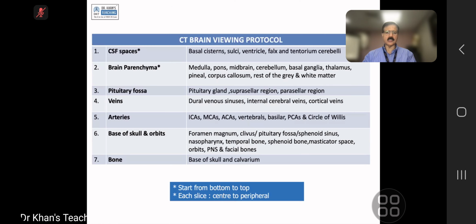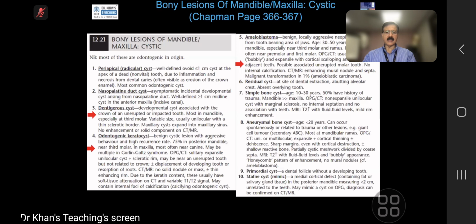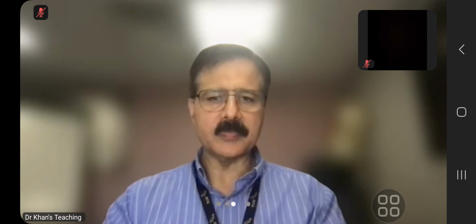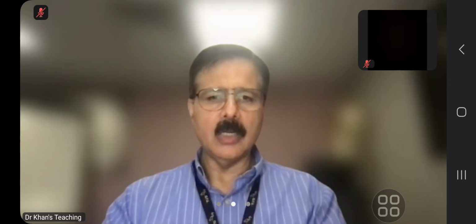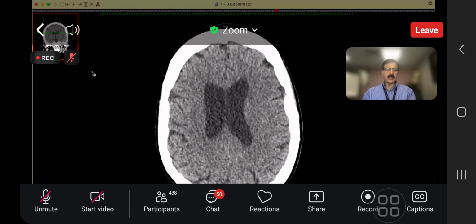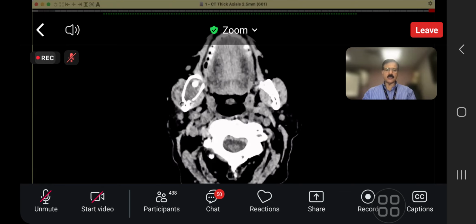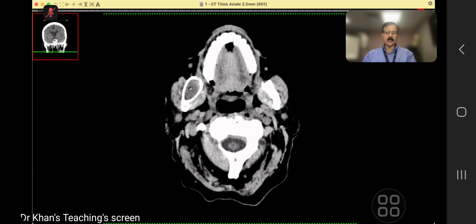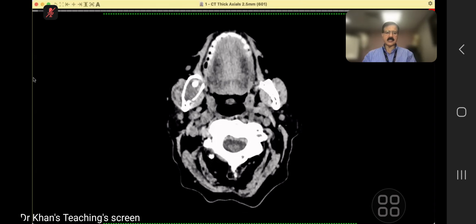We are never sure on the CT scan. And so with that, we go back to the basics, and this is where it was picked up. Now, is it completely cystic inside?